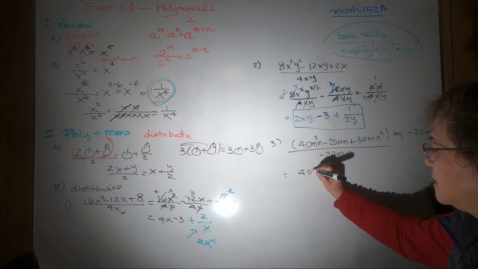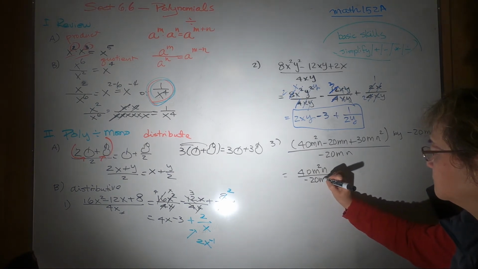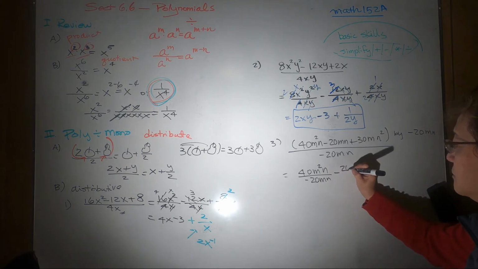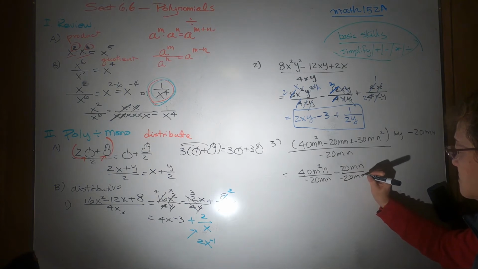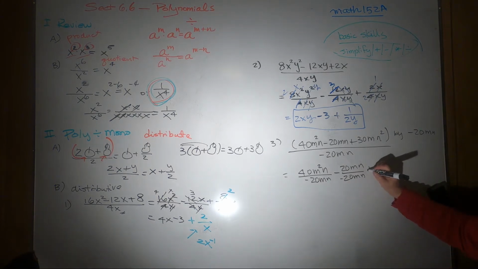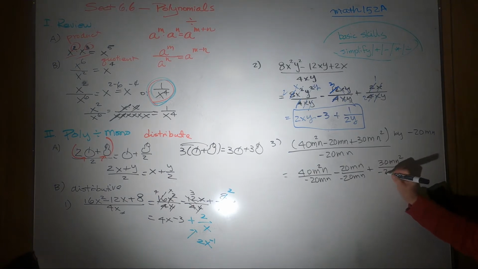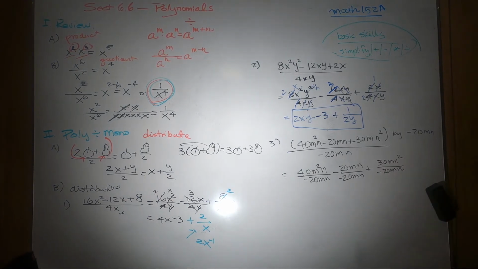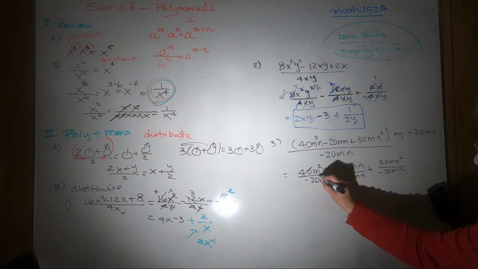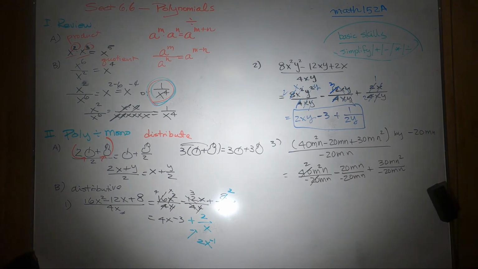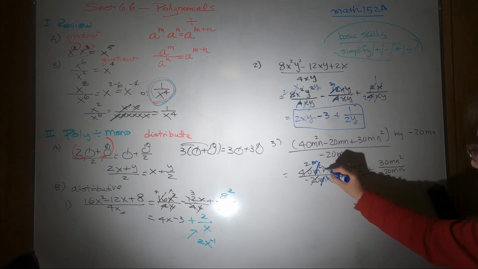So, because we can only handle what? Mono to mono at a time, right? That's your negative 20mn plus 30mn squared, over negative 20mn. Is that right? Okay, then you clean up, simplify, then 2 of them cancel out, just 1, this goes away.